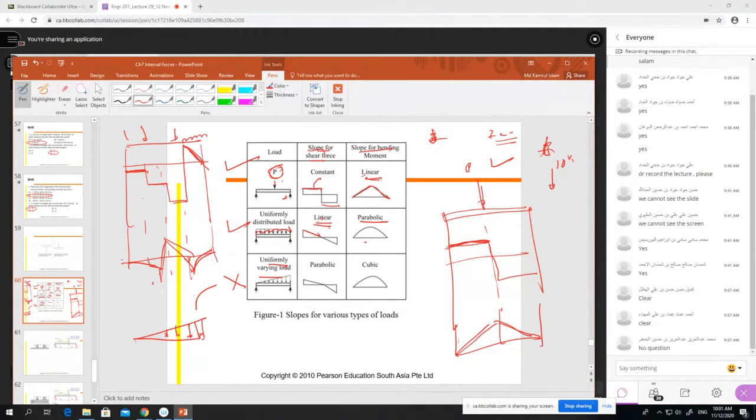If our load is like this, the shear force diagram will be parabolic, right? And then the bending moment will be cubic, like this. I will show how in the example. But this is a very important slide. Okay, very important slide. Keep it in mind.